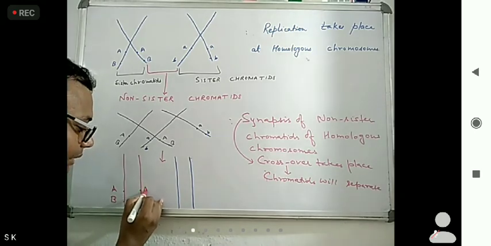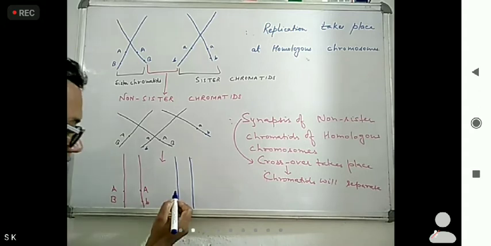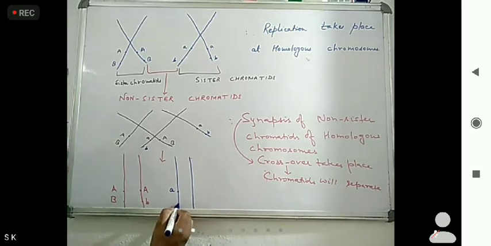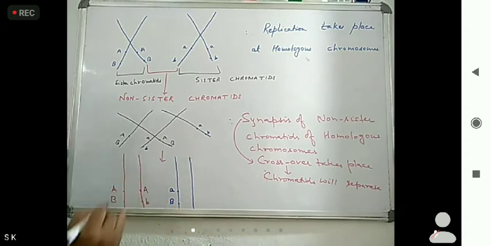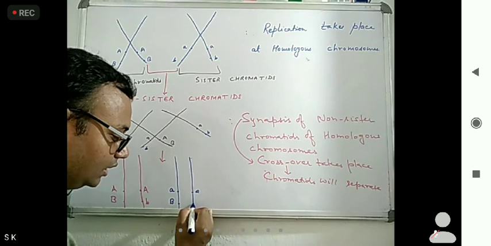Here will come capital A and small b. Now see, here change occurs. Similarly, here small a will come, capital B, and here no problem, the same thing will occur.